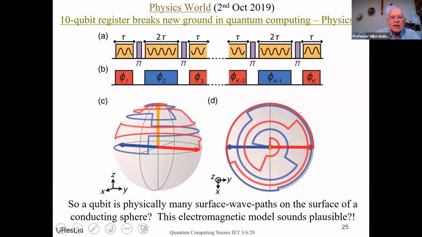Now let's move on. This important question of how much information you can get in and out of a single qubit is actually a claim in Physics World on the 2nd of October last year that a 10 qubit register breaks new ground in quantum computing.